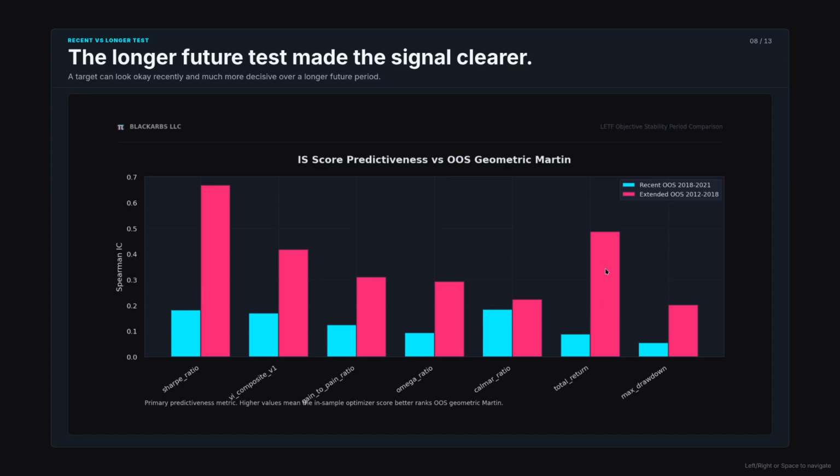And then again, total return does a really good job here in terms of having a very high information coefficient in the extended period, but it's really low in the recent period. So none of them are really stable except for Calmar ratio, which is interesting. But if I had to go overall, you probably would lean towards Sharpe ratio.